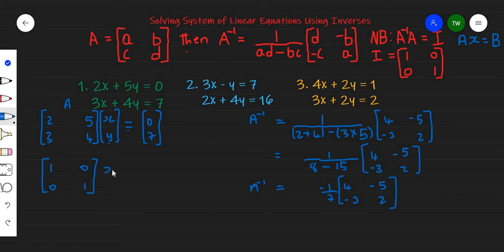Times xy, which is going to equal A inverse.